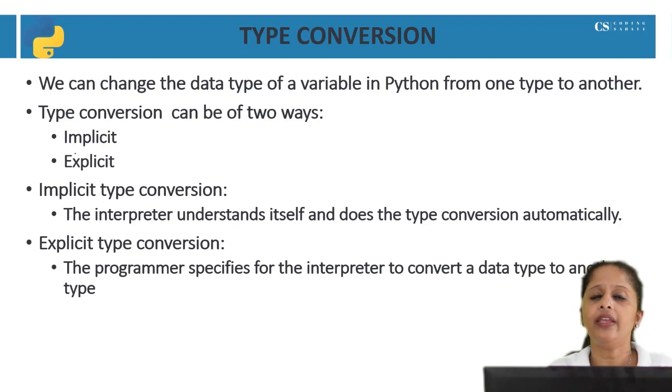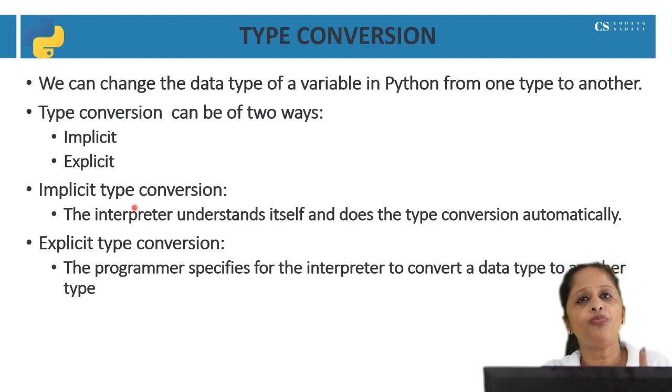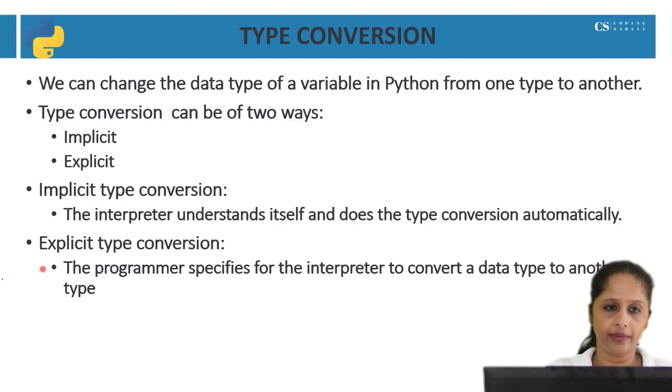So in Python we have two types of type conversion, implicit and explicit type conversion. So what is implicit type conversion? The interpreter understands and converts one data type to another data type, without the knowledge of the programmer or the user.